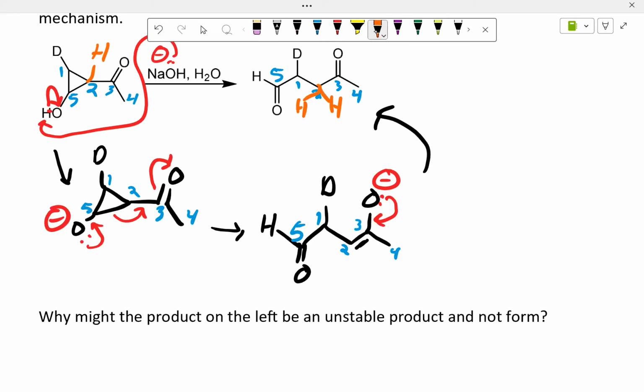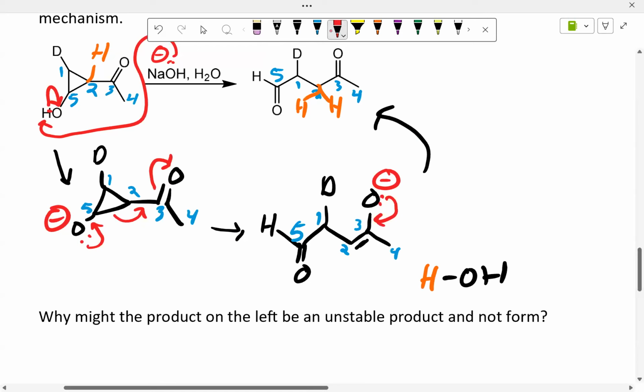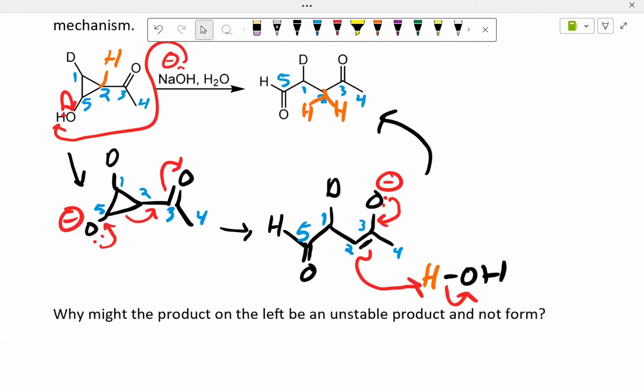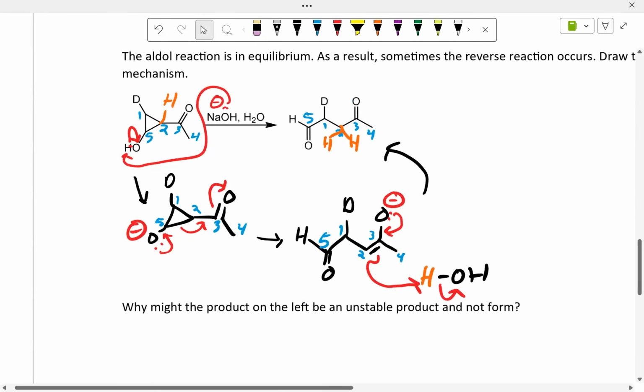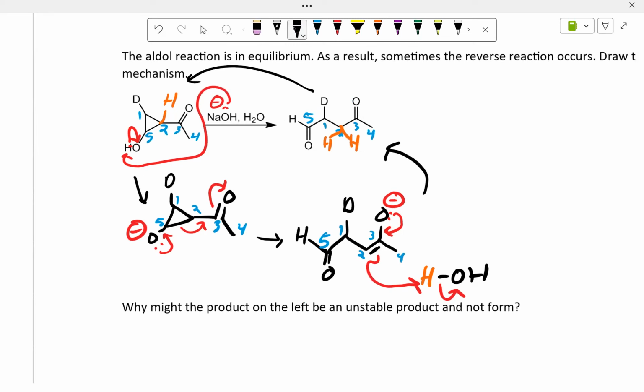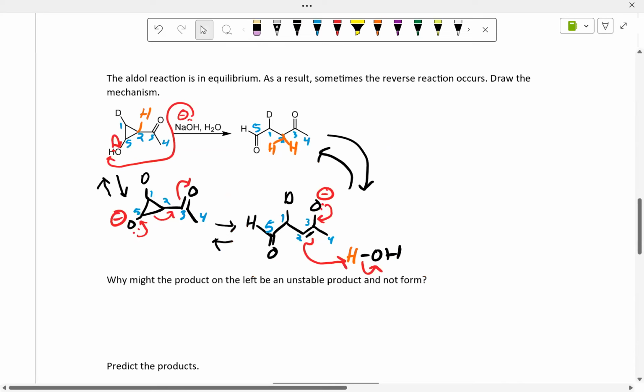So with our enolate, we can protonate carbon 2, and that will take us to the product. So we just did an aldol reaction in the reverse direction. If you wanted to go from the molecule on the right to the left, you just do the reverse of everything. So these are in equilibrium.